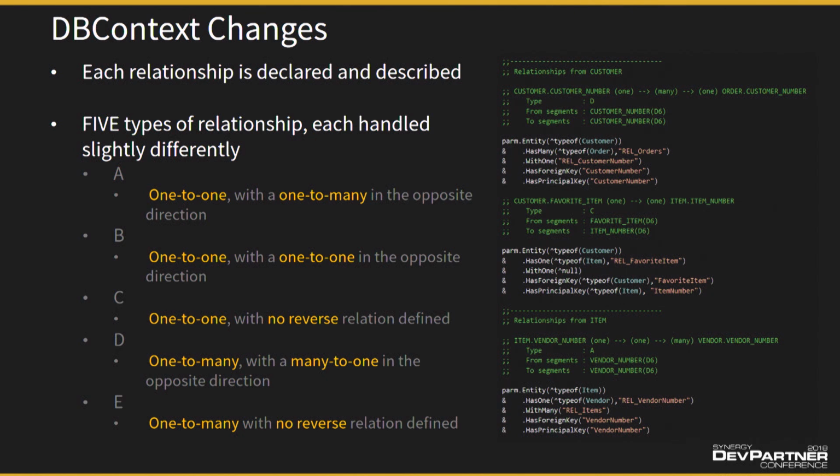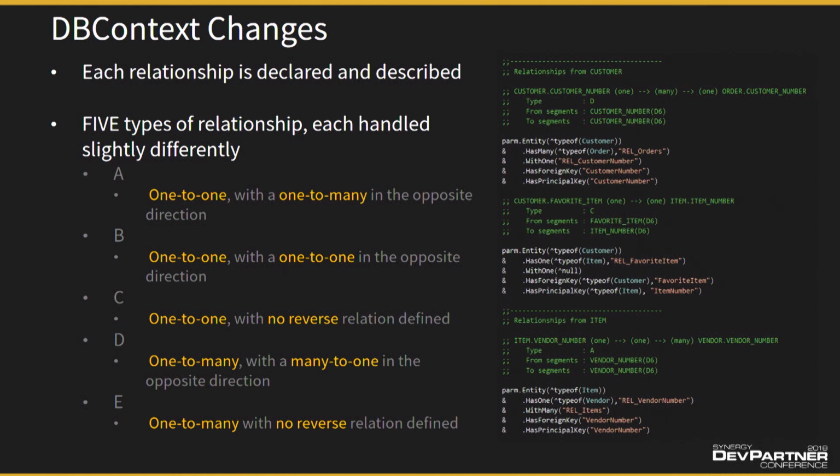So the 5 types we've encountered and think exist so far are a one-to-one relationship. When I say that, I mean from the current record, so it's always a 1 to something outbound, right? So it's from the current record, targeting 1 on the other side, but with a 1 to many coming back in this direction. So we are one of many matching, we're targeting 1, and there's a 1 to many in the opposite direction.